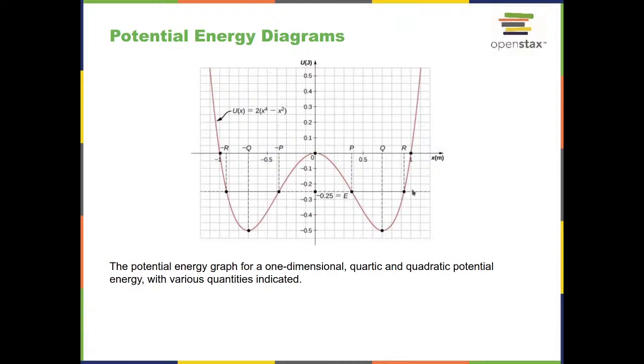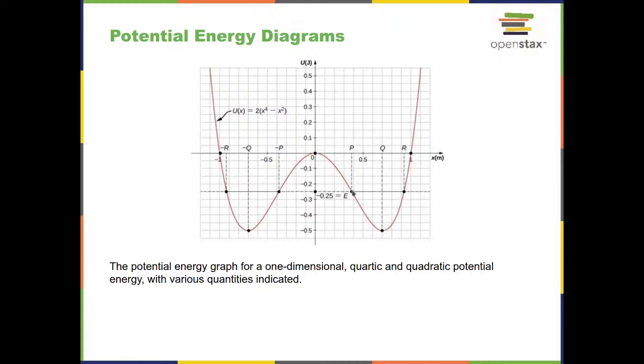And what we know is that the particle, when it reaches the turning point, it will turn around and go back, right? So in this case, there are two distinct parts of the x position where this particle can move. It can move between minus r and minus p, and it will move back and forth between those two.